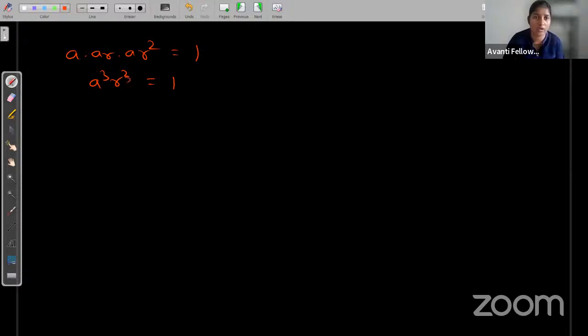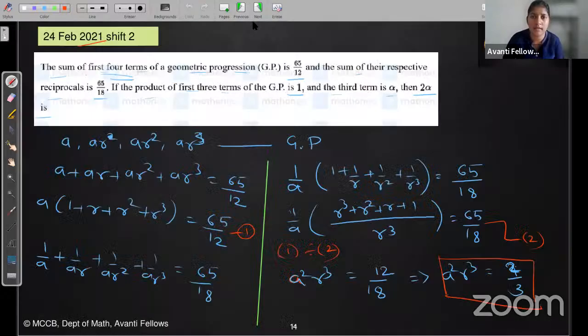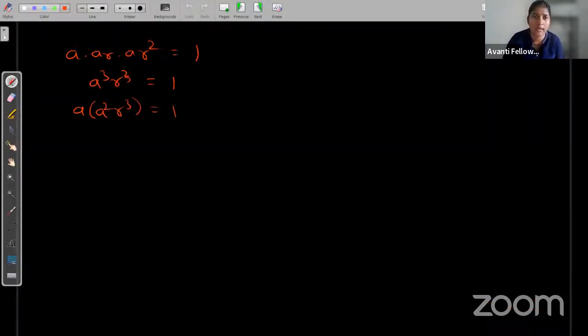I can write it as A into A square R cube is equal to 1, right? We already know the value of A square R cube. Just replace that value here. You will get A into 2 by 3 is equal to 1. So the A value will be 3 by 2. Fine.